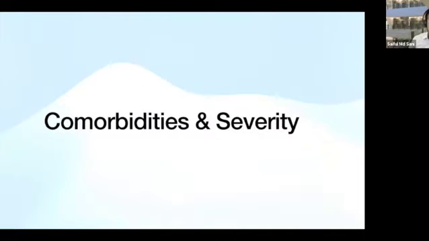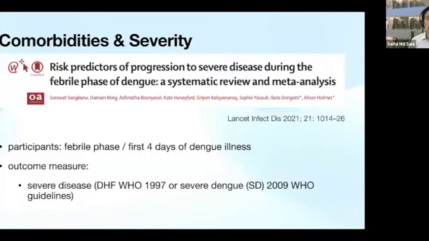So let me touch first on how the comorbidities affect severity of illness in the course of dengue illness. Let's take the latest evidence from Lancet, which was published in 2021. They performed a systematic review and meta-analysis.